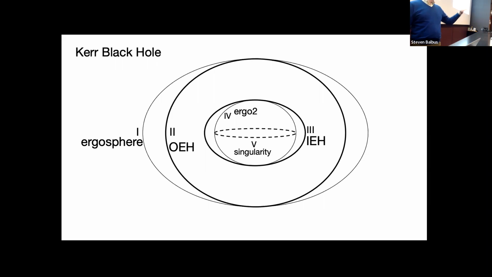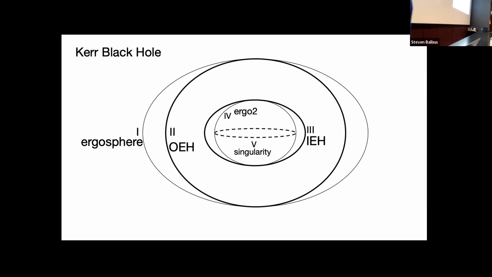Roughly speaking, the escape velocity becomes bigger than the speed of light, so you have to keep going into the hole, and there's nothing that can pull you out. And then there's the singularity at the center where the theory in principle breaks down and everything becomes infinite. That's a Schwarzschild black hole.